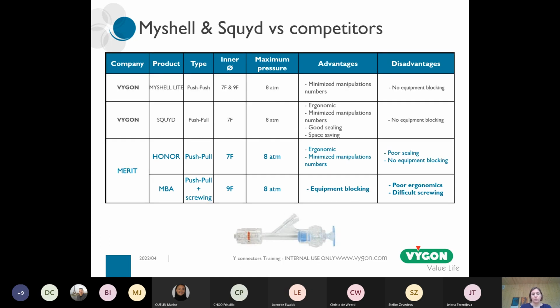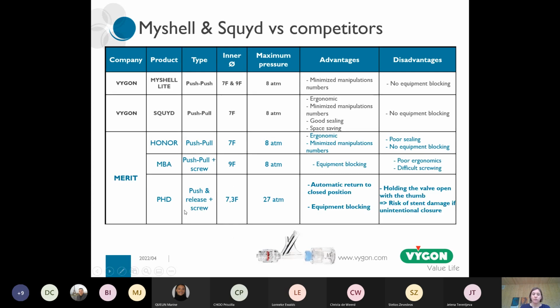So they have developed the MBA, which is a push-pull plus screwing system. The inner diameter is 9 French. So the advantage, as I told you, is that there is an equipment blocking, but the ergonomics is poor and it is difficult to screw the valve.